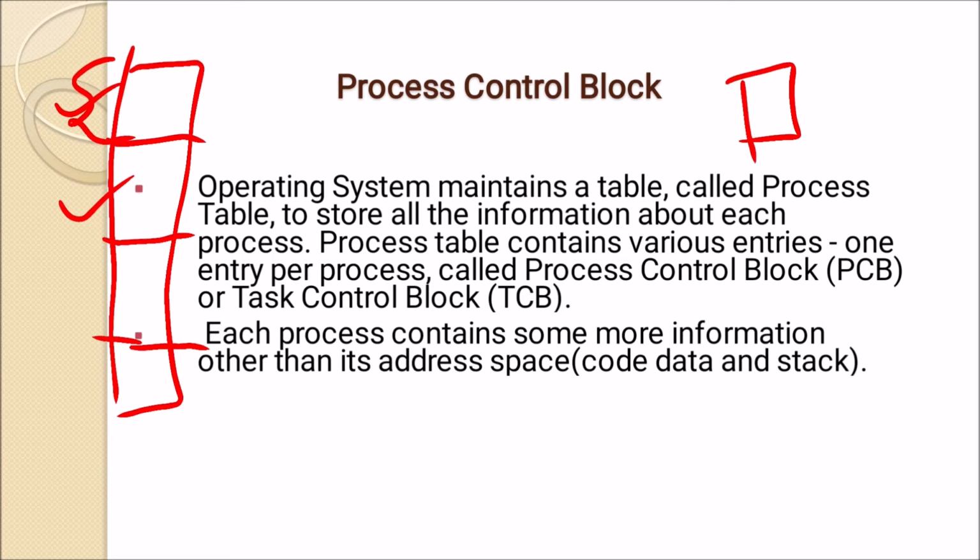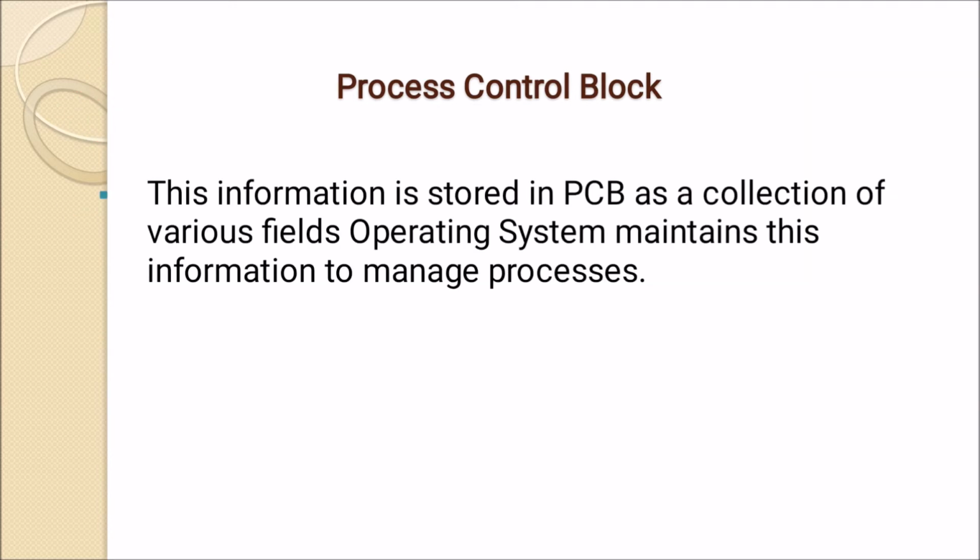Each process contains some more information other than its address space. Address space means code, data and stack. So there is some other information also required other than its address space. This information is stored in the PCB as a collection of various fields.